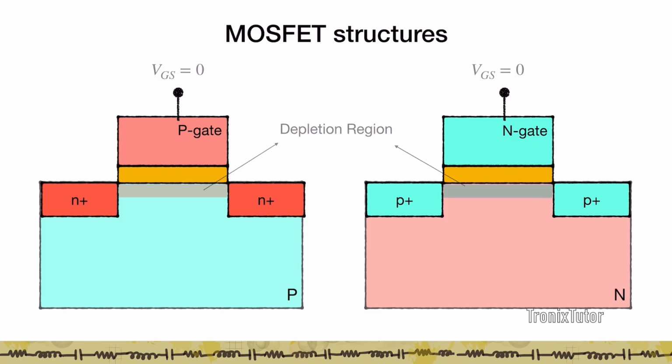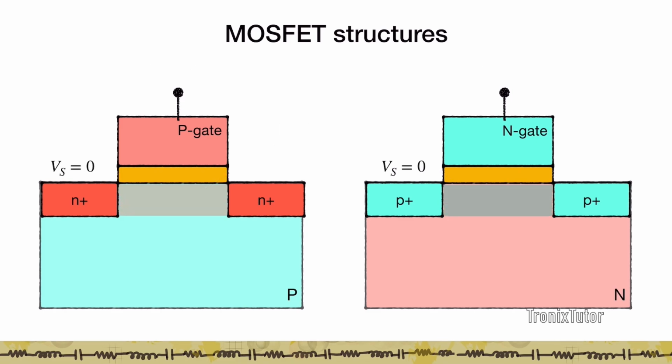Now let's assume that our source is at 0. To invert the channel in the NMOS, you need to apply a gate voltage that is positive. When VGS is positive, this depletion region expands and eventually an inversion charge is created, which is an electronic charge.